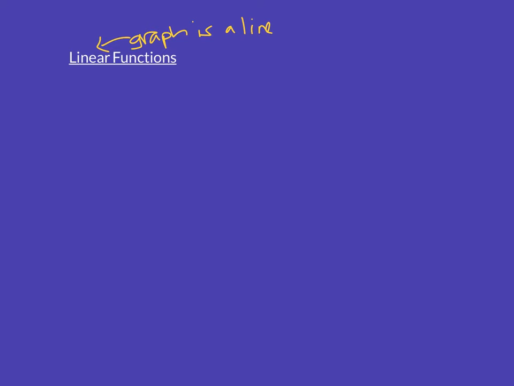There are a few things that are more related to precalculus and calculus with lines. The first thing is the average rate of change of a linear function. You might remember we previously had average rate of change.